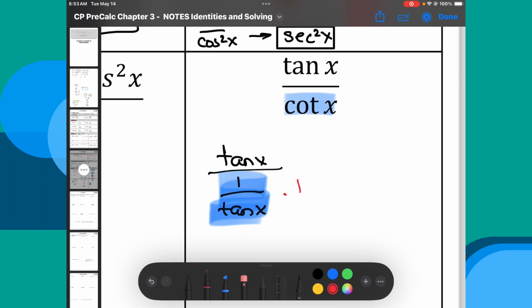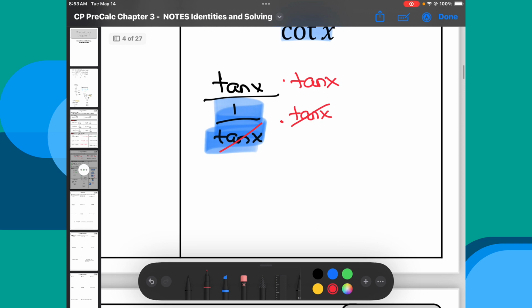If I then multiply by the reciprocal, that cancels out our complex fraction, and we're left with tan squared x. If you converted that all into sine and cosine, you should get the same answer as well. So those are our trig identities. They're really important as we get into solving trig functions as well.